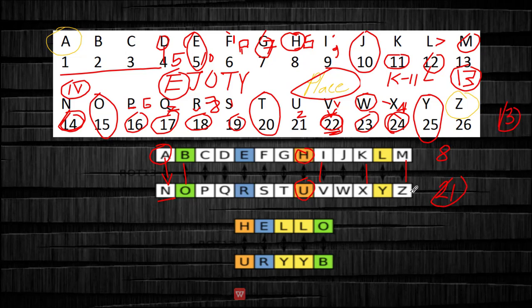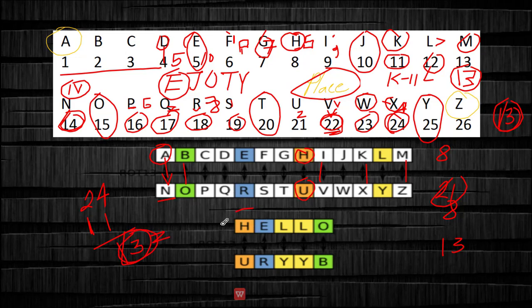So between opposite letters there should be a difference of 13, so 21 minus 8 you will get 13. You can also see K and X, where X's value is 24 and K's value is 11, so you get 13. So between any two opposite letters there should be a difference of 13 units.